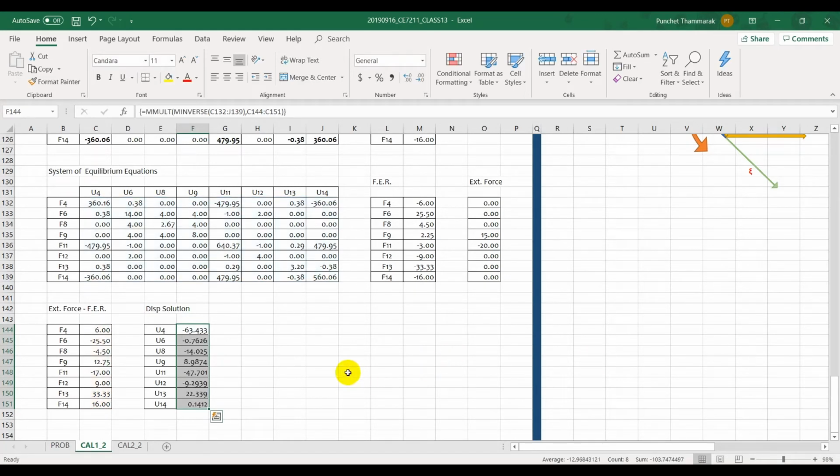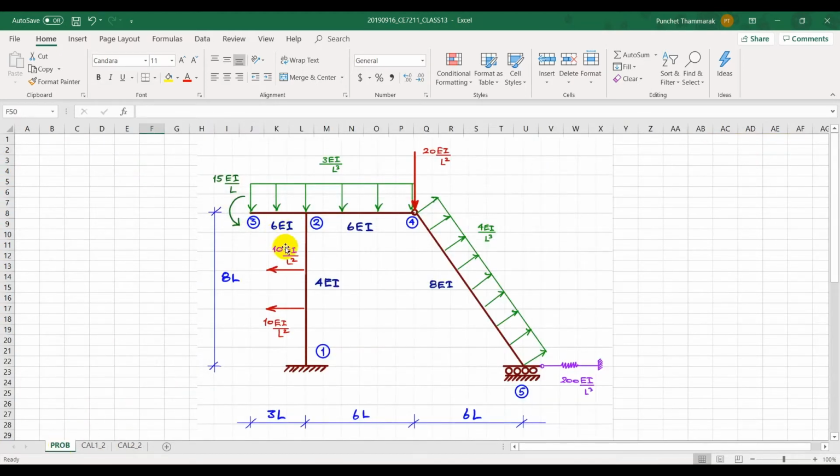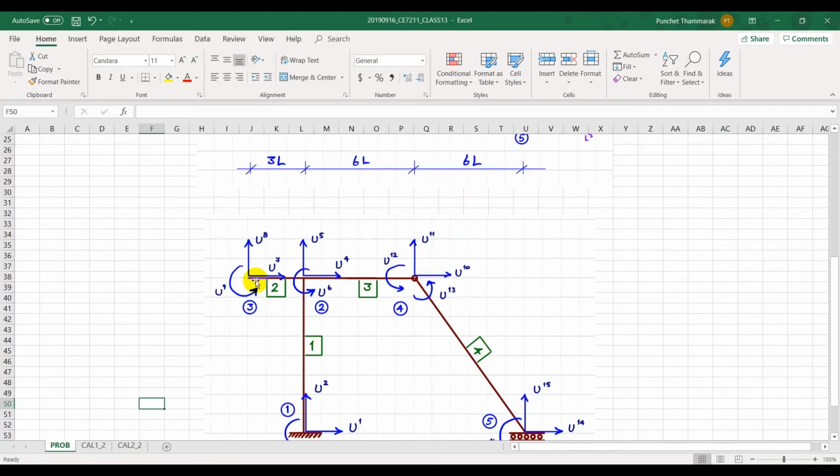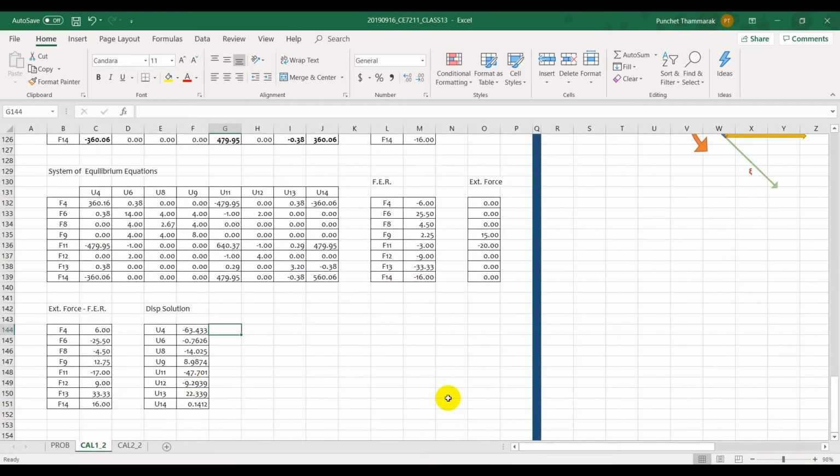There you go, we get it. Keep in mind that the U4 is actually equal to U10 and U7. So this is U10 and U7 and U10. Okay.